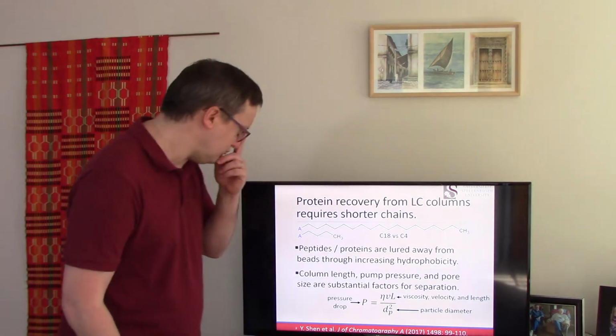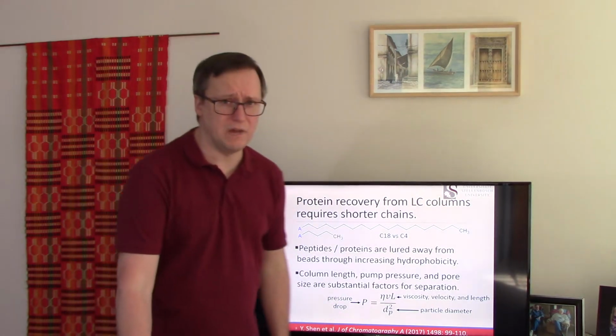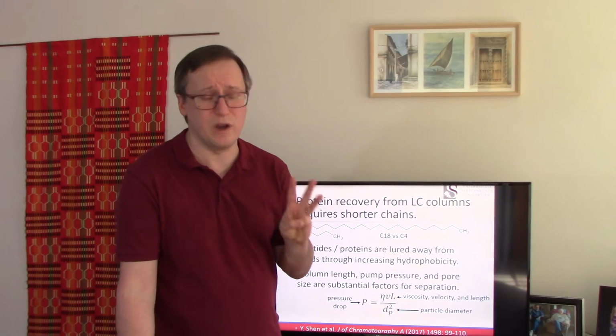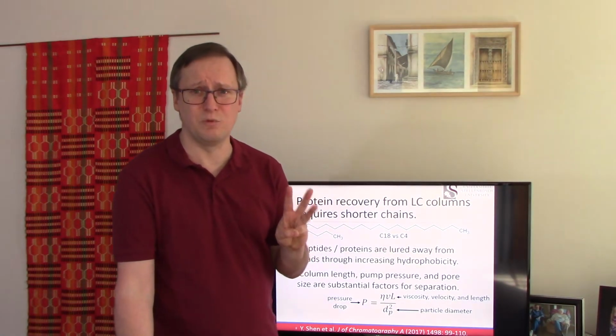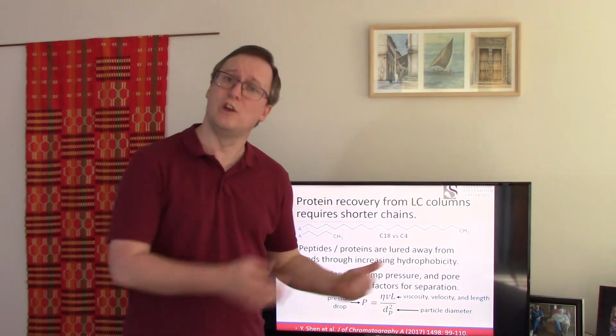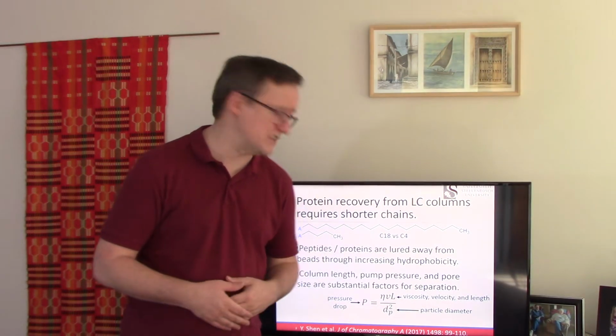Okay, now I hate to say this, but I'm going to include 3 equations in this talk, and they're worth looking at just because they help explain the relationship between things when we read papers about separations and top-down.